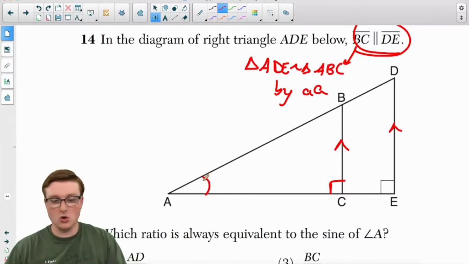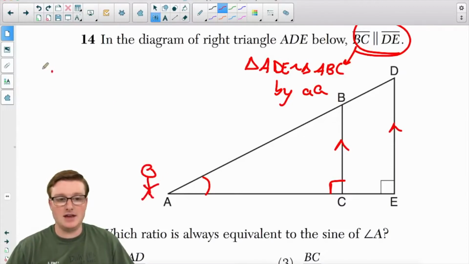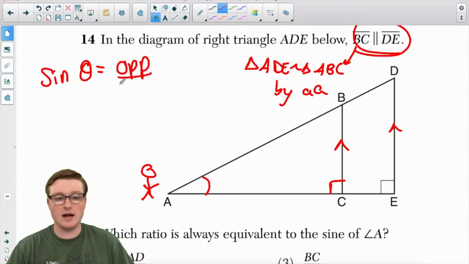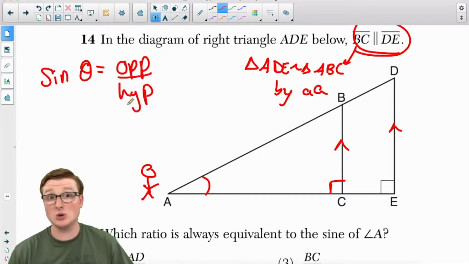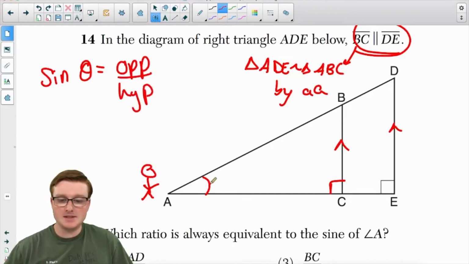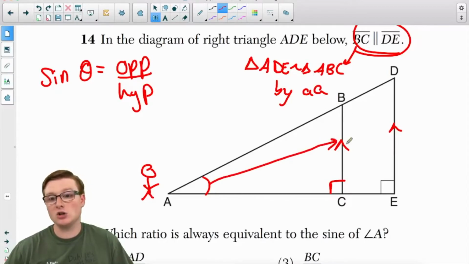Now, which ratio is always equivalent to the sine of A? Well, the sine of anything is equal to the opposite over the hypotenuse, and that's based off of your knowledge of SOHCAHTOA. Now, the opposite of angle A for the smaller triangle is BC over AB.